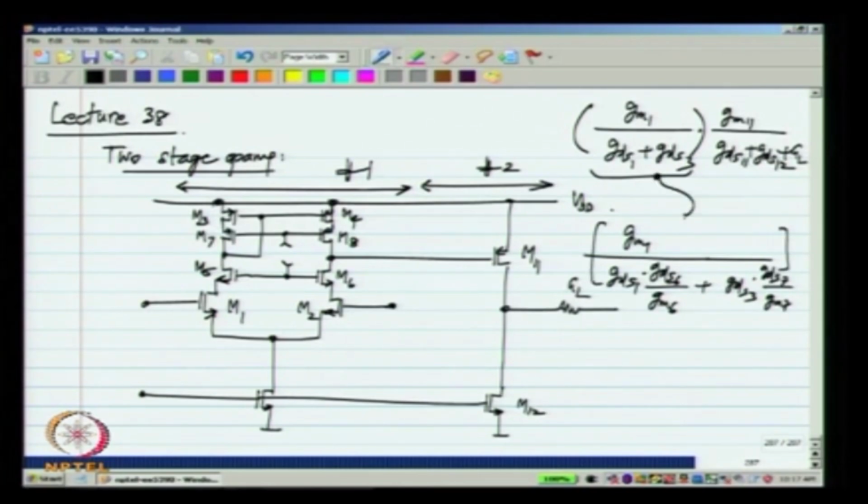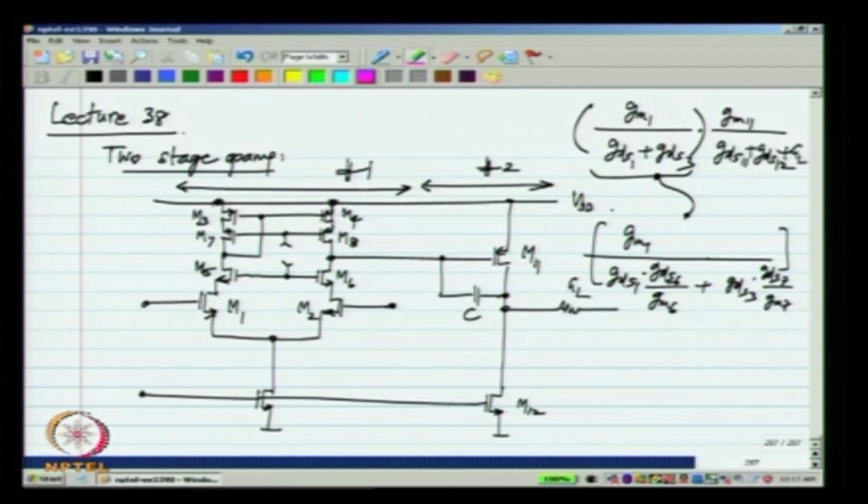So, it will be replaced by the expression for the gain of the cascode amplifier. This number is going to be much higher than that one. So, the overall gain also is going to be correspondingly higher. Okay. So, this is a simple way of increasing the DC gain of the two stage op amp, and the integrating capacitor or the compensating capacitor is exactly the same as before.